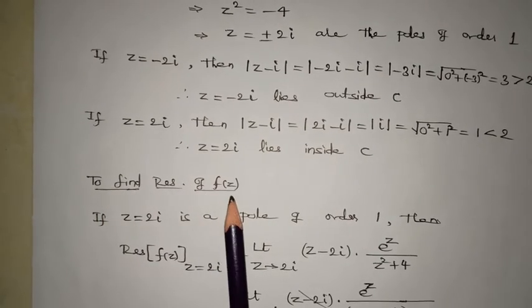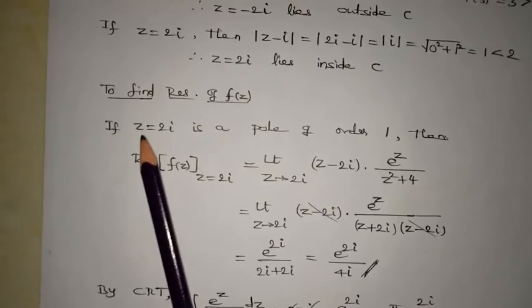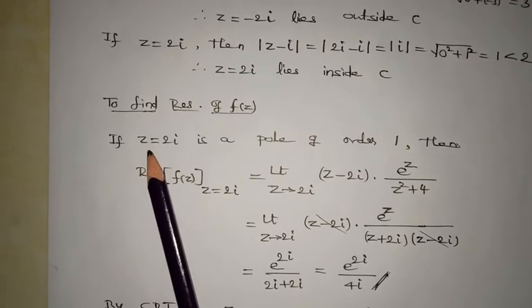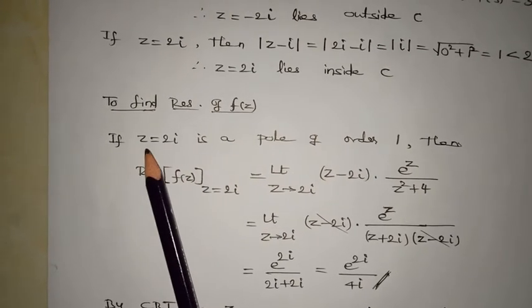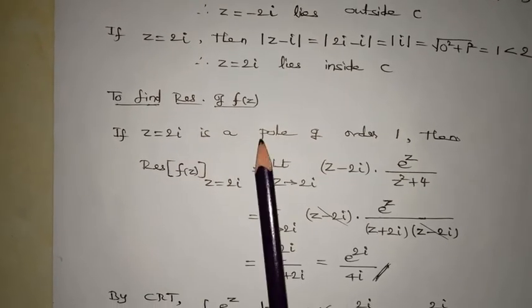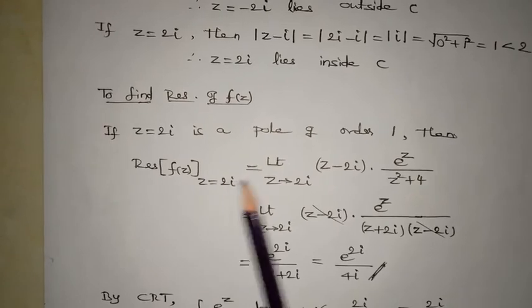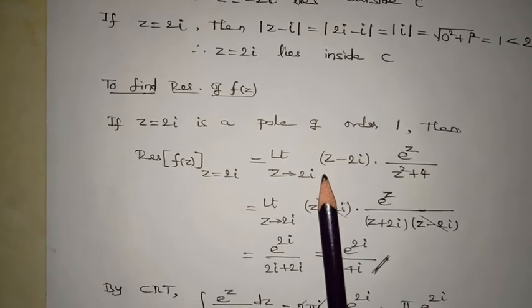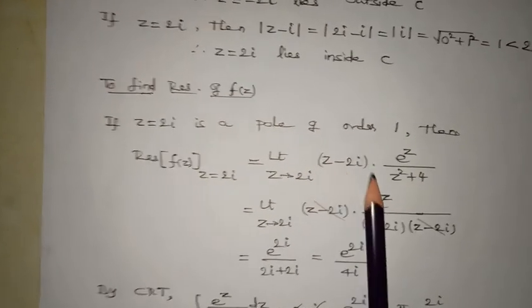Now how to find the residue of f of z? z equal to 2i is a pole of order 1, so the order 1 residue formula, case 2, applies. Just replace it.